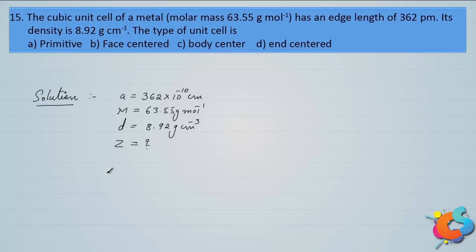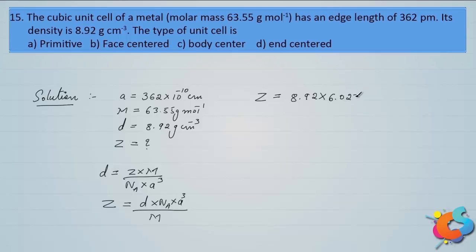From the relation of density, we have the formula as Z into M divided by Na into A cube. By rearranging the terms, Z is equal to D into Na into A cube divided by M. By substituting the values, we get Z as 8.92 into Avogadro number 6.023 into 10 to the power 23 into the edge length 362 into 10 to the power minus 10 the whole cube divided by 63.55.